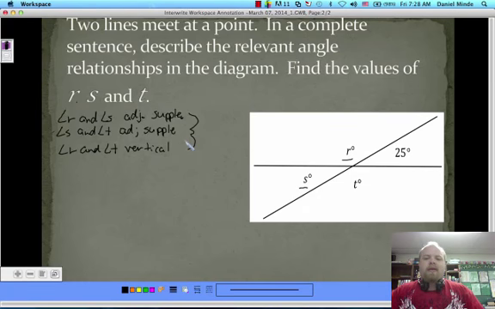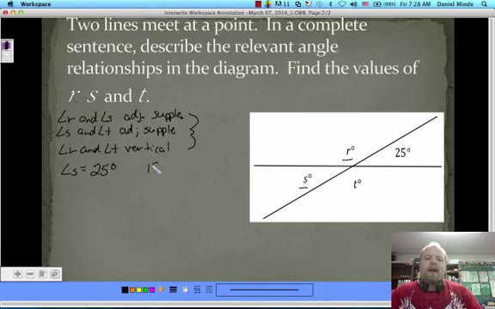Now, let's go through and find the angle measurements. Well, I can see that if this angle here is 25 degrees, that is vertical to angle S. So I know that angle S is also 25 degrees. It has to be because they're vertical angles. Now, since I know that S and R are supplementary angles, they have to equal 180.